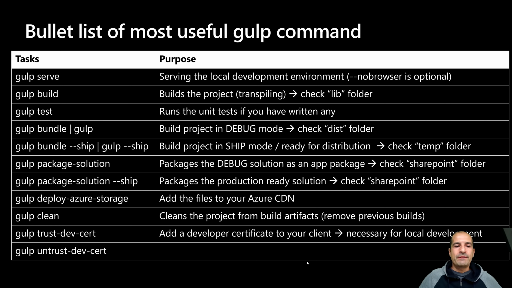Then we have gulp clean, where you can clean your solution from previous builds that you ran. And finally, we have trust-dev-cert. This is very important because it installs a certificate on your local device. In this way, you are able to debug and test an SPFx solution on your local machine.